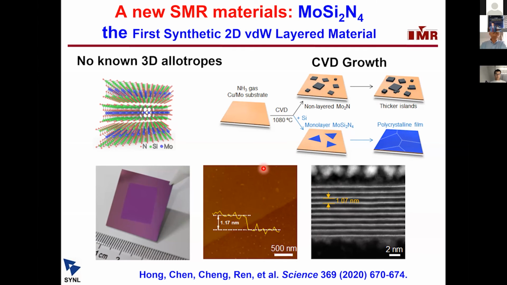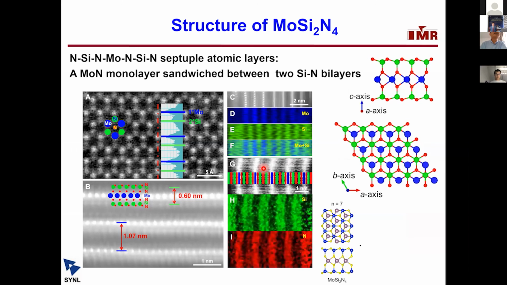And we found this structure actually has six atomic layers: nitrogen layer, silicon layer, nitrogen layer, molybdenum layer, and then silicon layer, nitrogen layer, nitrogen layer, silicon layer, nitrogen layer. There are six atomic layers, and it also has a six-member ring structure.